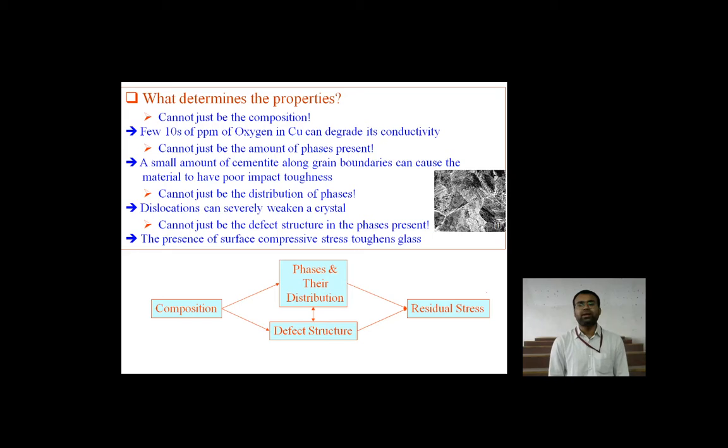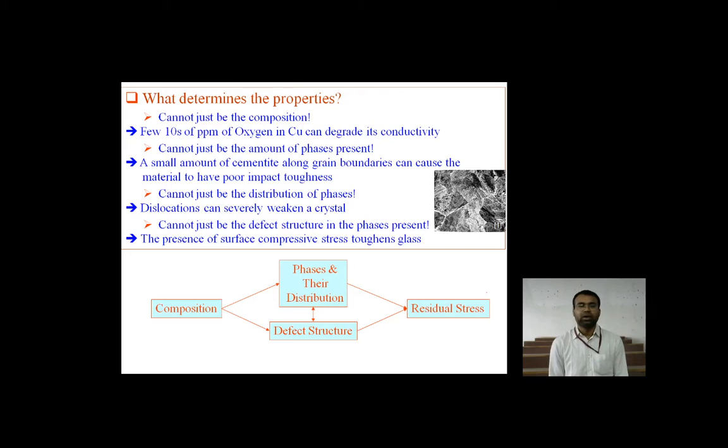It cannot be just the composition. We cannot say that one component alone will define the various properties of a material. There is one question: will only the composition make the property of that component? No, the answer is that it is not only that.